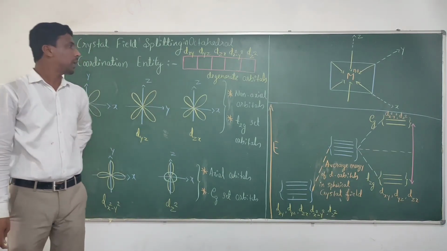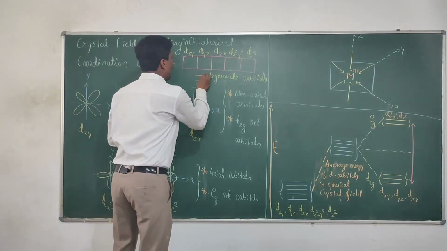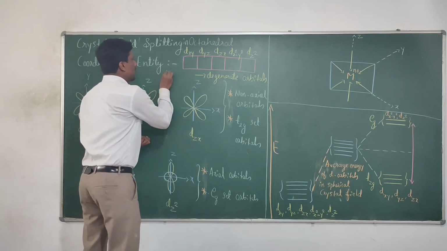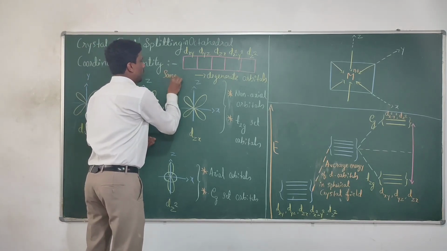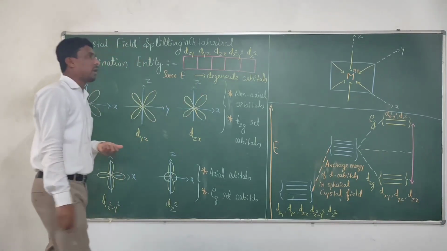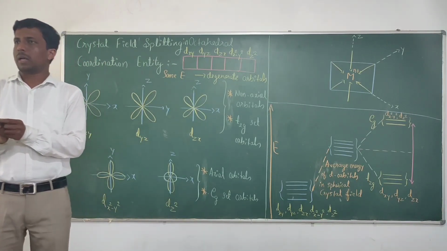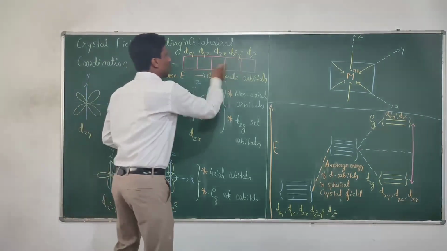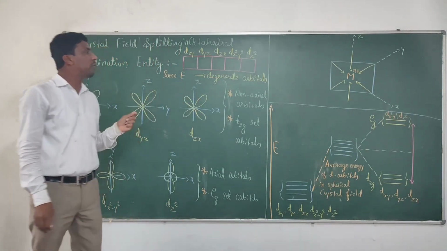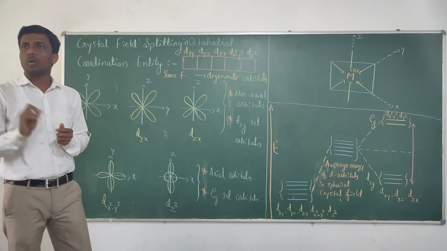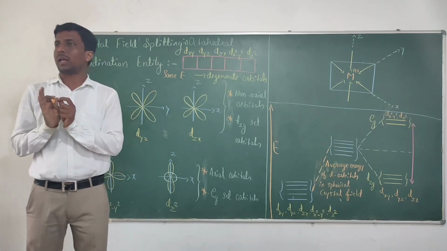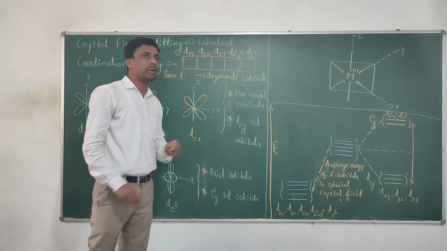Degenerate orbitals means having the same energy. In the d orbitals, they are present at the same energy. That is the meaning of degenerate orbitals. Okay, that is what degenerate orbitals means.